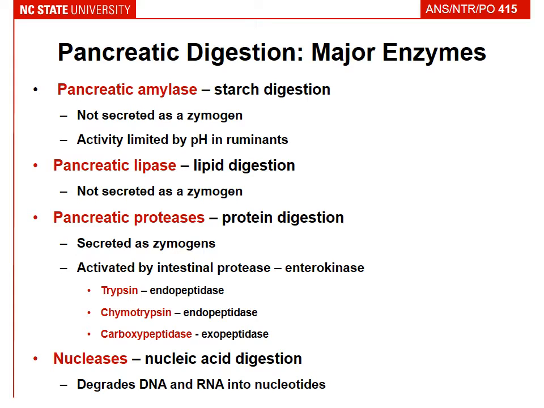Amylase is not at the optimal pH within the lumen of the GI tract of the ruminants, so the activity is limited in them. It makes sense because the majority of starch is going to be utilized by the microbes and converted into various volatile fatty acids. So there shouldn't be too much starch coming into the small intestine of a ruminant anyway.